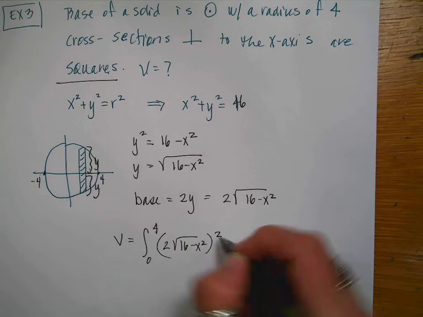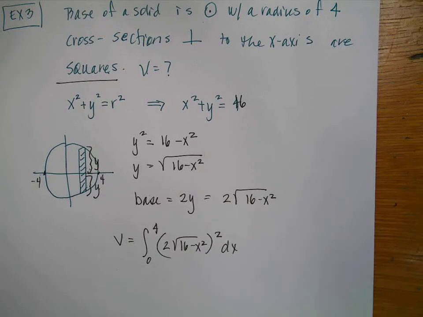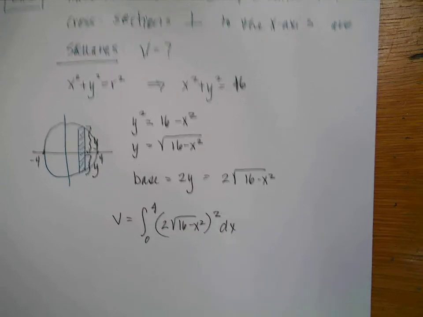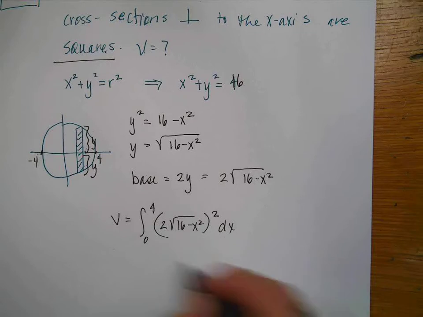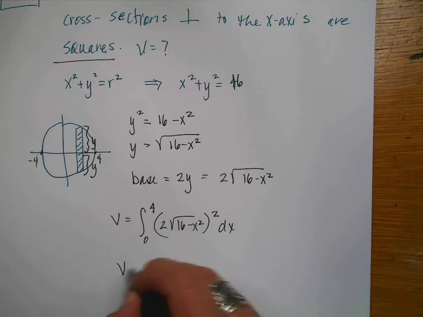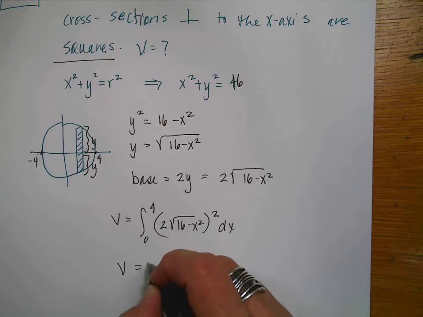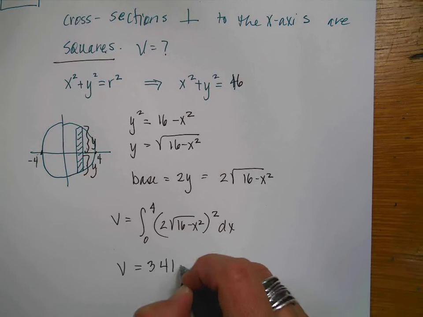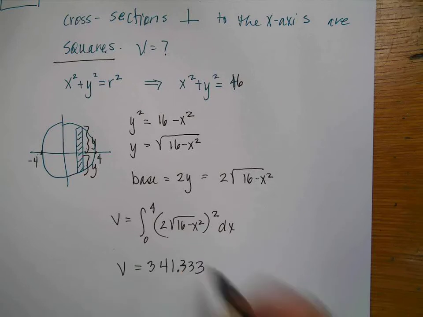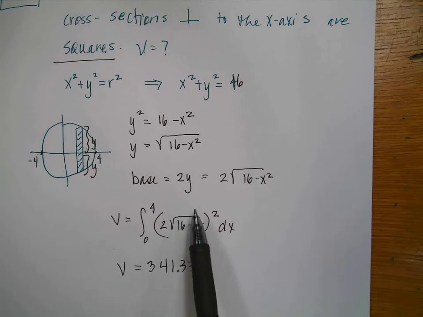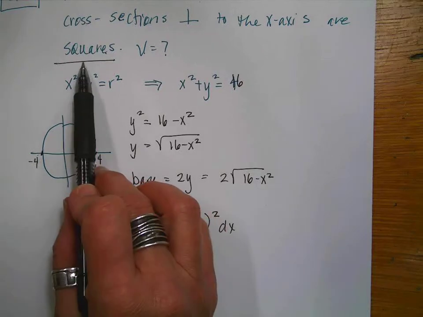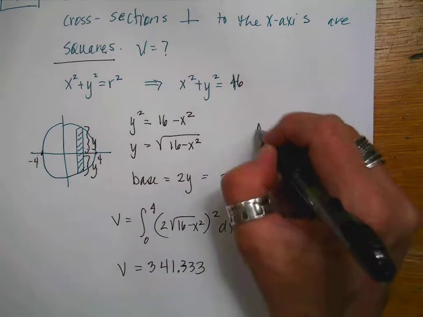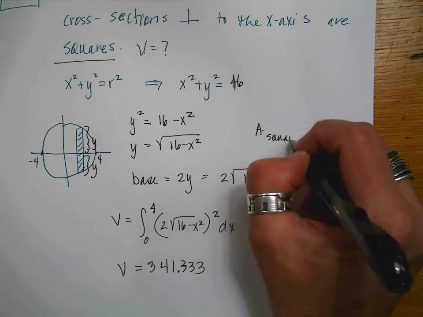So 2 times the square root of 16 minus x squared, squared, dx. And again, I can just push buttons on my calculator, and then I'm going to get the volume is equal to 341.333.